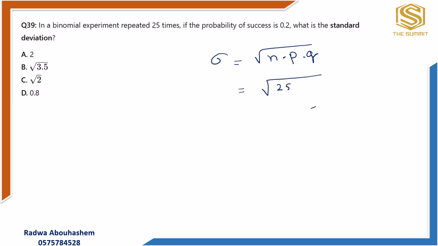So 25 times 0.2, and the failure is 0.8. So this means it's the square root of 25 times 0.16. So it would be 2.